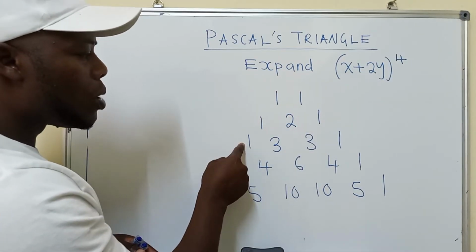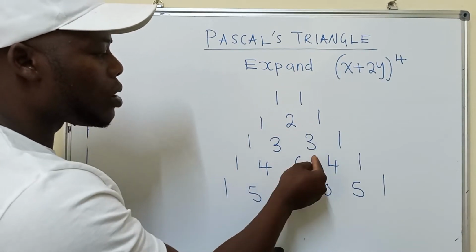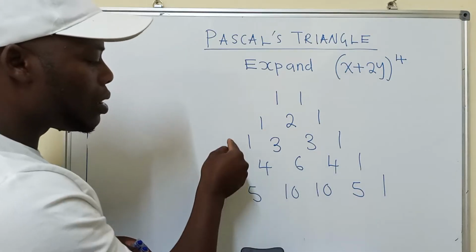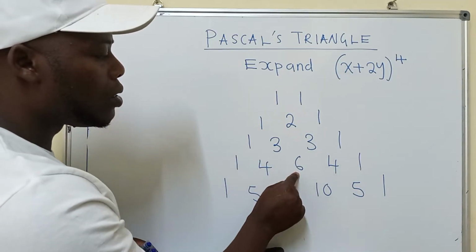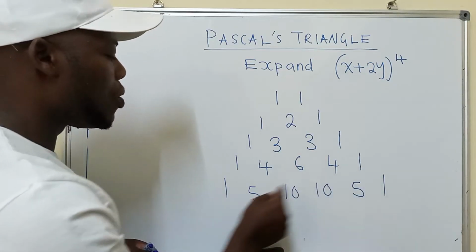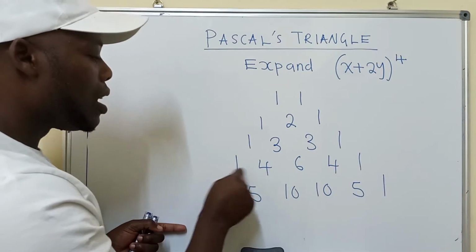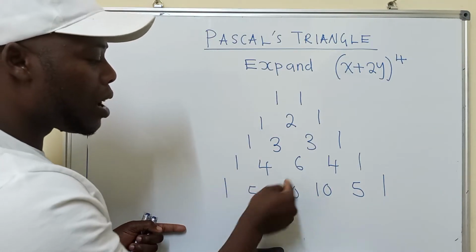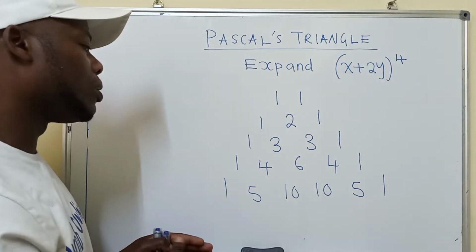Next, you write a 1, you add these two numbers, they give you 3. You write a 1. Next, 1, add this, they give you a 4. Add this, 6, and a 4, and you write a 1. Always start with a 1. Add this, 5, add a 10, a 5, and you write a 1.